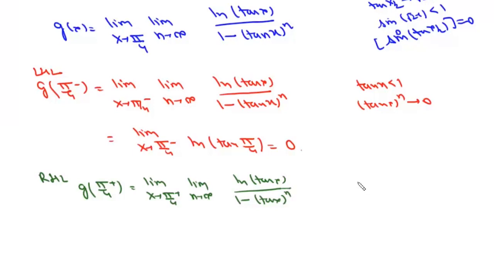Now when x approaches pi by 4 positive, tan x is greater than 1, and in that case (tan x) to the power n will approach infinity, and anything finite upon infinity is 0.